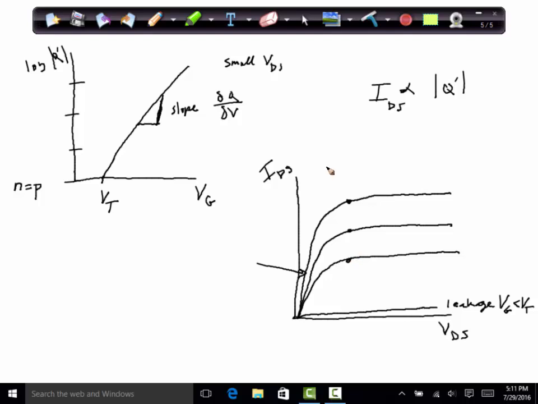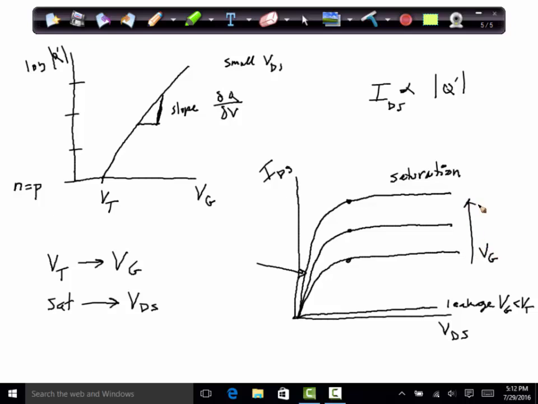So there's two regimes here. We call this saturation. So just to avoid confusion, the threshold voltage goes with V gate, and saturation goes with V drain source.